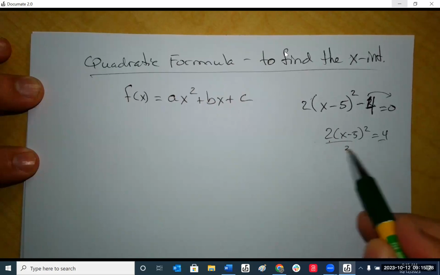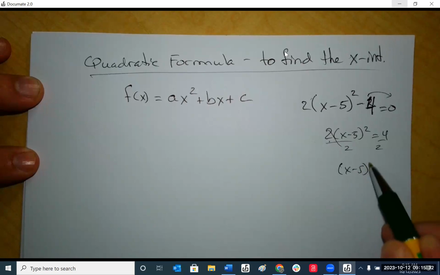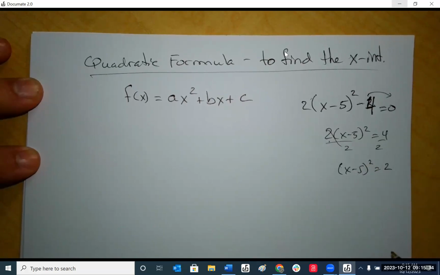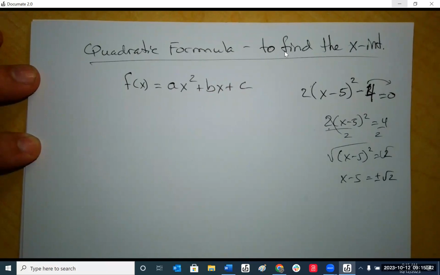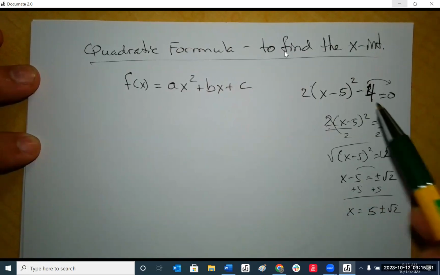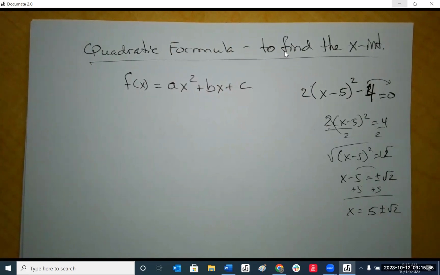Divide by 2 on both sides. Square root both sides. So we have x minus 5 equals plus or minus square root of 2. And then move the 5 over. So if you're in vertex form, just complete the square. Just move it over and square root.